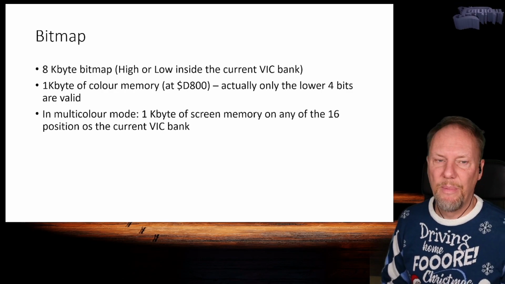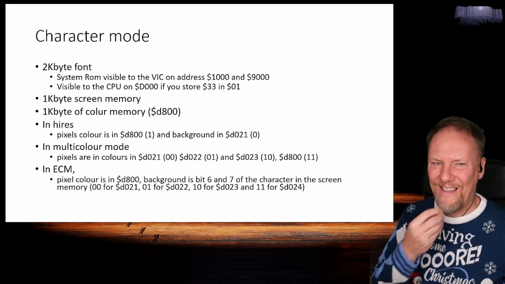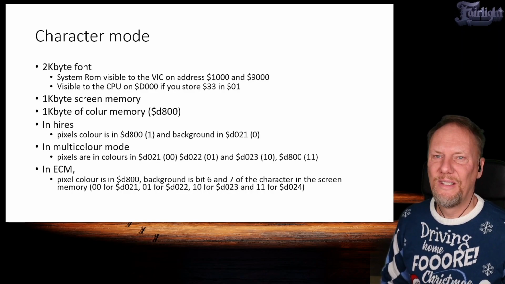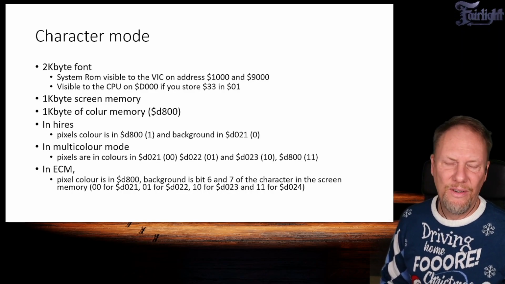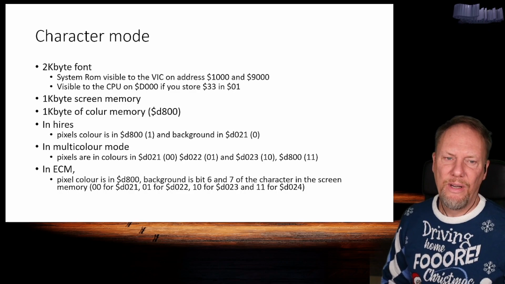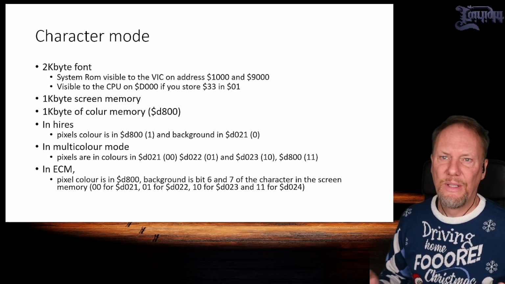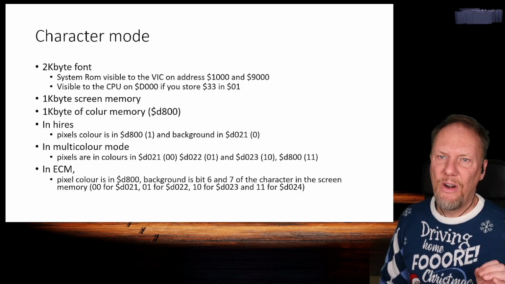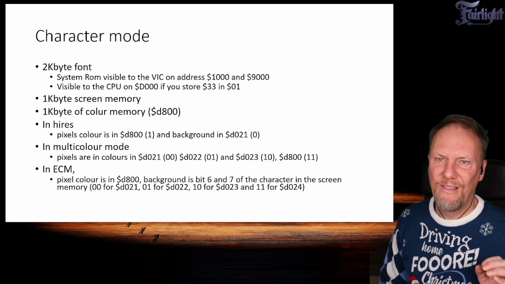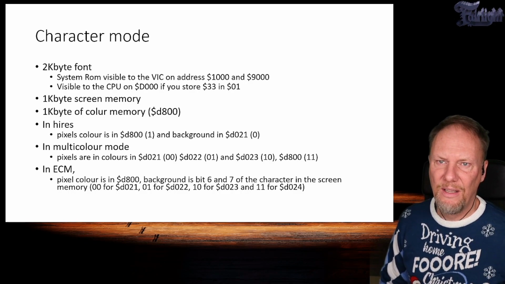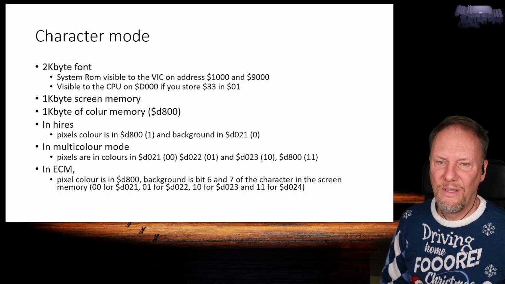Again, we will get to the VIC bank. Character mode is easier and trickier. You have a 2 kilobyte font, and there are 2 fixed locations where the VIC can see it, and that is at address 1000 and address 9000.